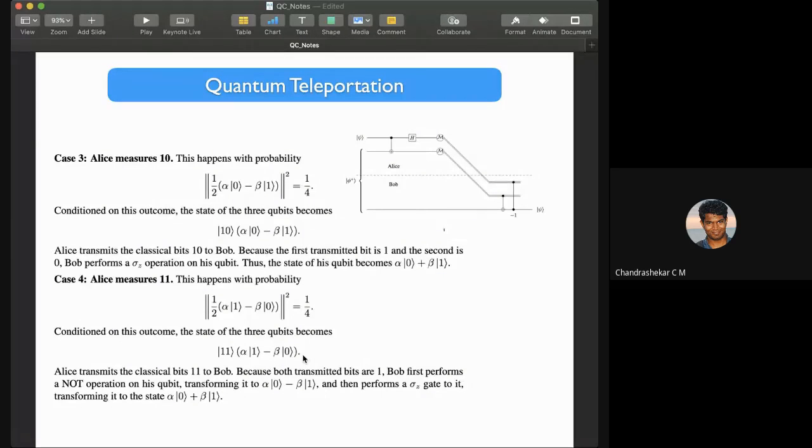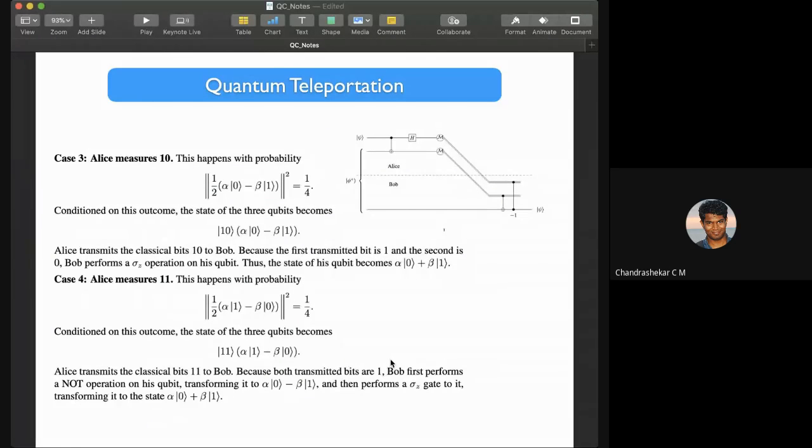Okay, so somebody's asking how Alice sends classical information. Classical information can be sent in various ways. She can even take up a telephone and send the information. So that's why the word teleportation is there, right? You're only restricting yourself from sending any quantum information, but you can use what we call local operations and classical communication.